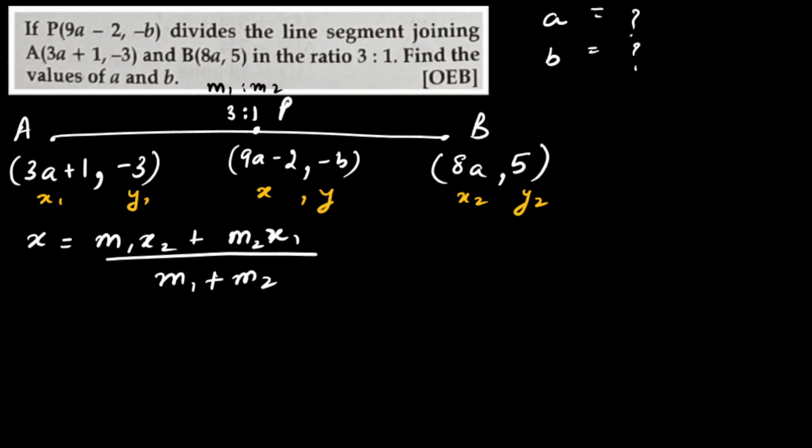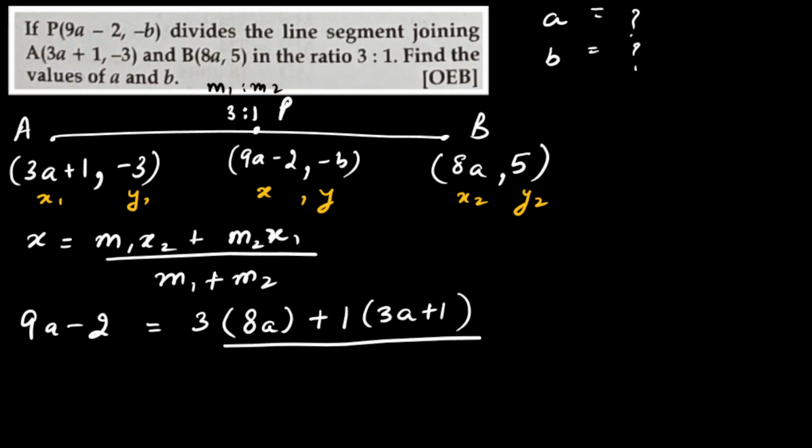So x is equal to 9a minus 2. M1 is 3, x2 is 8a, m2 is 1 and x1 is 3a plus 1, divided by m1 plus m2, which is 3 plus 1.